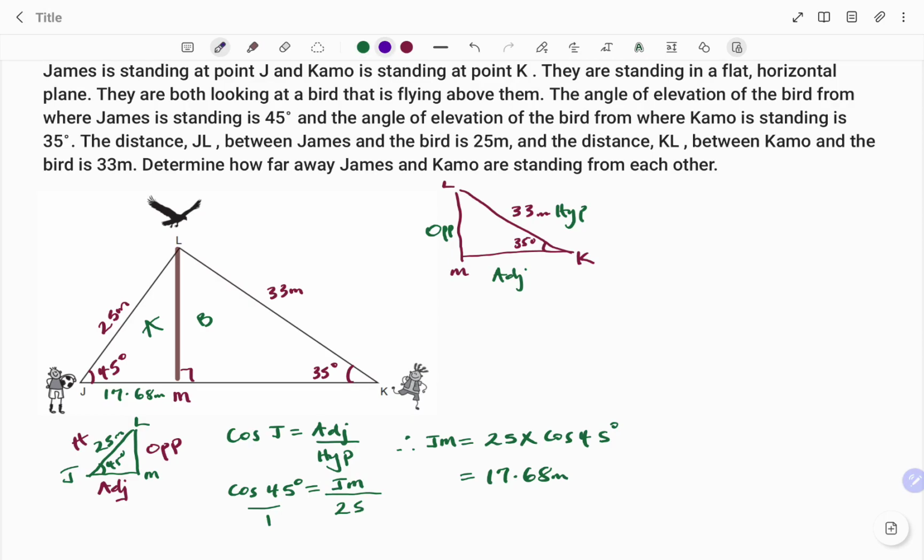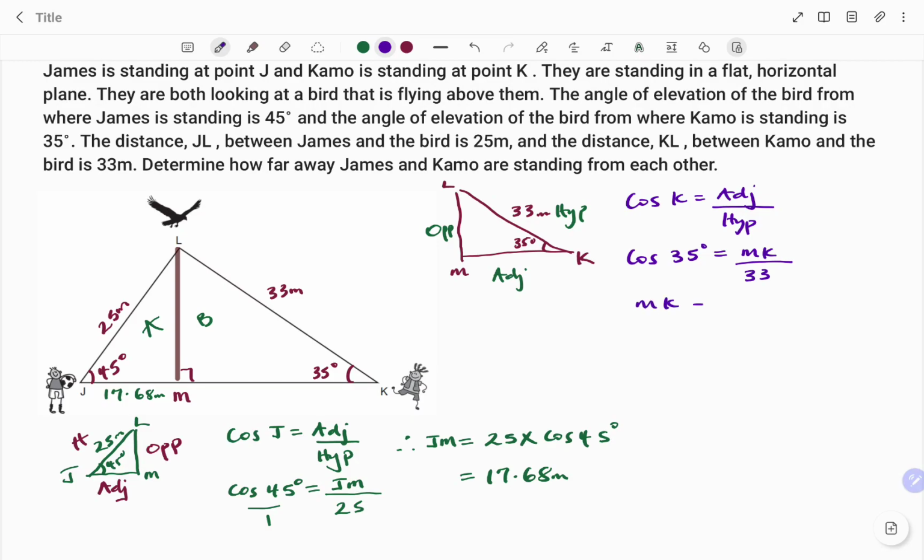So what I have will be cos of K equals adjacent over my hypotenuse. I have cos of angle 35 degrees equals adjacent, that's MK, over the hypotenuse, 33 meters.